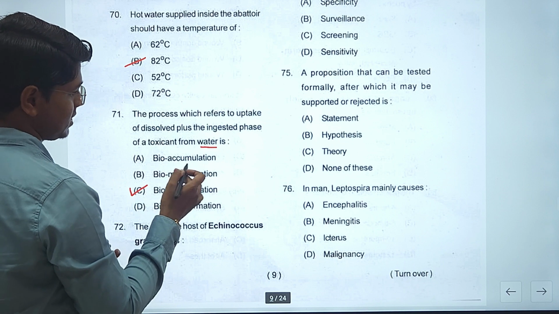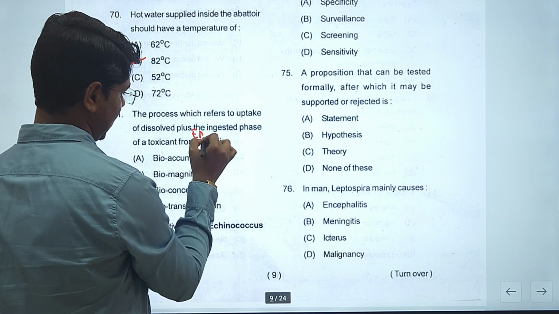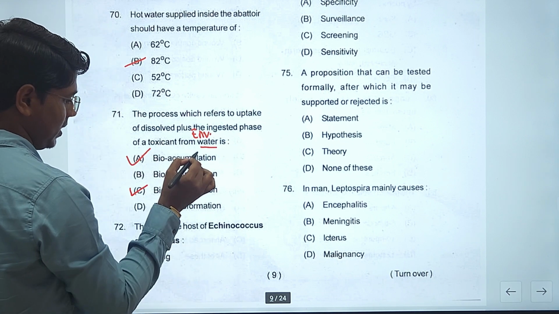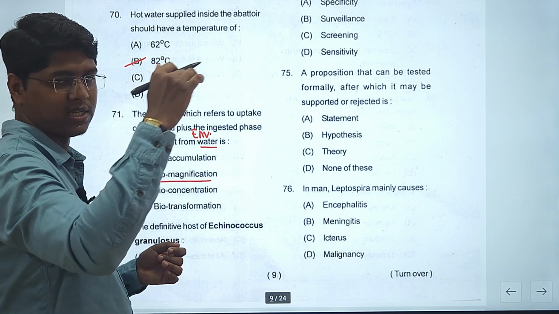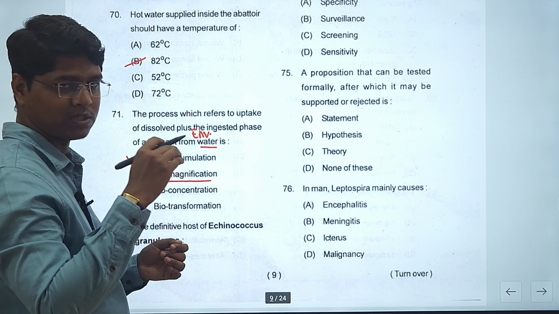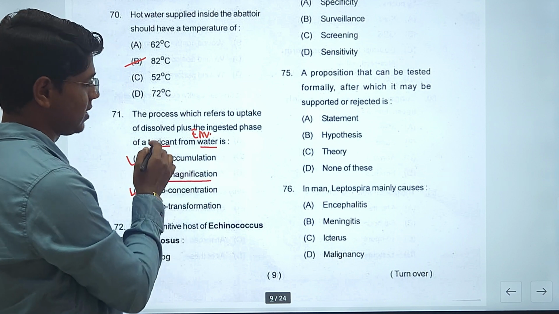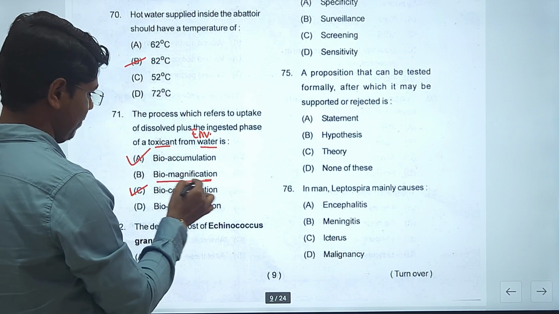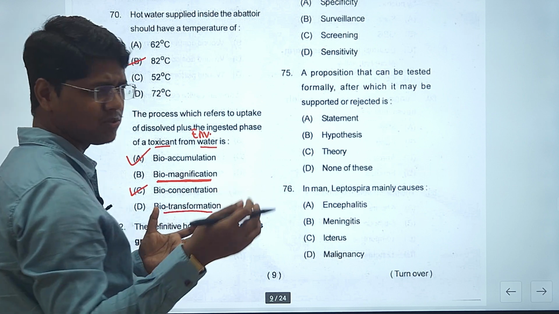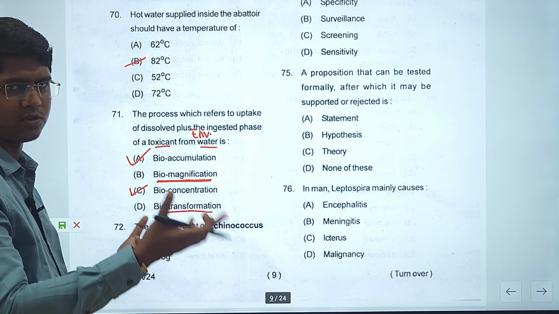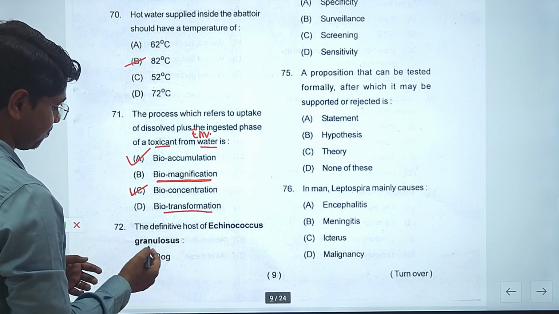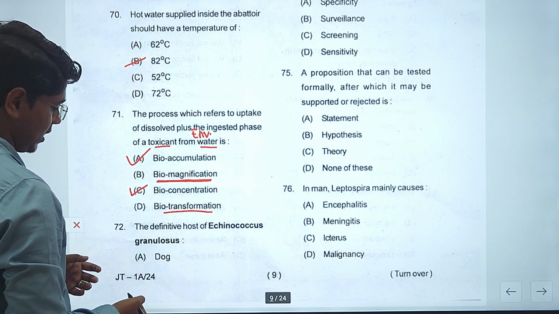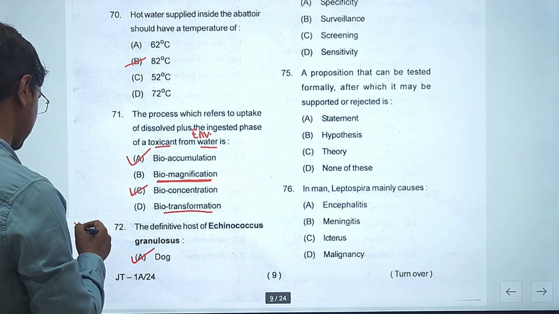If the question has been changed from water to environment, it is bioaccumulation. Biomagnification means when you go up the food chain, the concentration of the toxicant increases. That is biomagnification. Biotransformation means when a toxicant enters the body, what the body does to that particular chemical or toxin. The definitive host for Echinococcus granulosus is dog. Answer is dog.